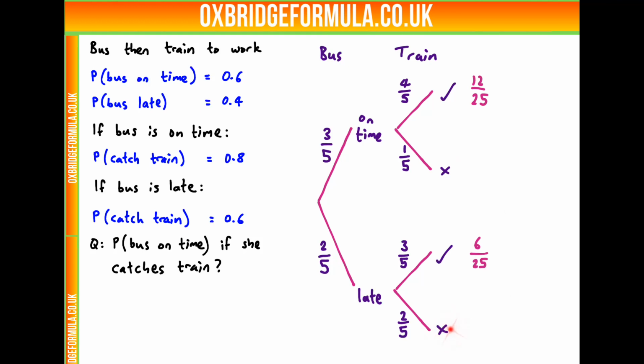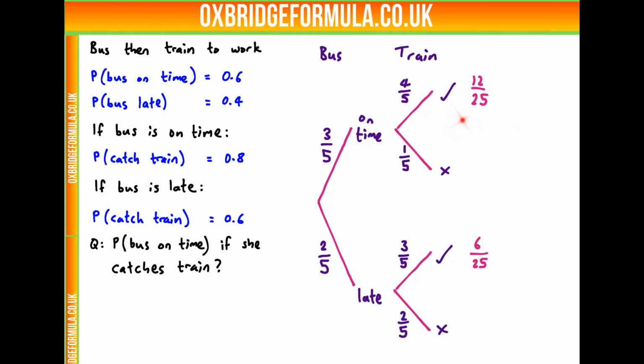And so how can we convert this into a probability that the bus was on time? We're interested in the probability of this particular outcome happening, the bus being on time and her catching the train, compared to the total probability of both of these outcomes happening.